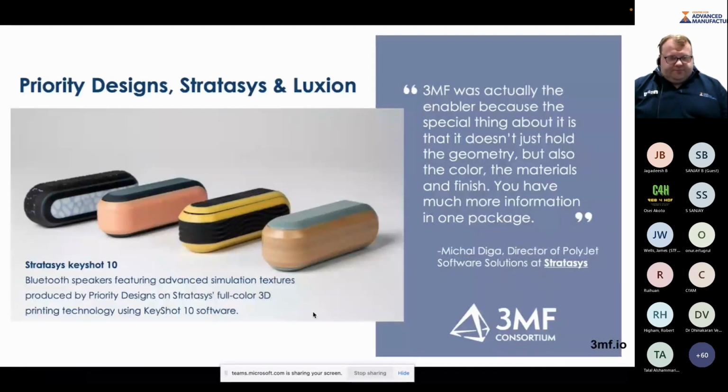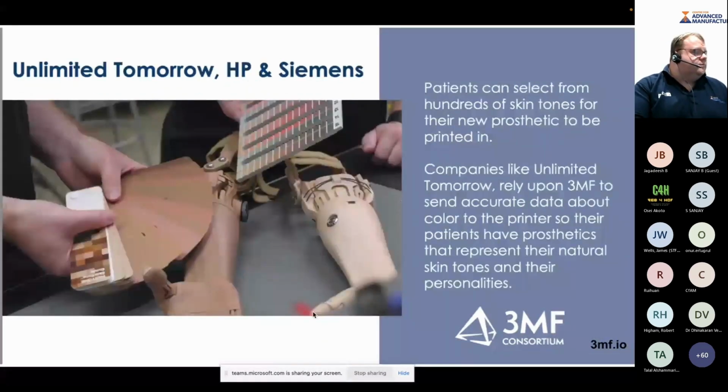An application here is for prosthetics, making sure skin tones are right. We see band-aids are all the same color. It's not cool if you're a person of color to have a white band-aid on. So in the same way, it's important for a prosthetic to have the right skin tone. This is something that's really important, and it's made possible because we have Pantone colors in the 3MF color format.